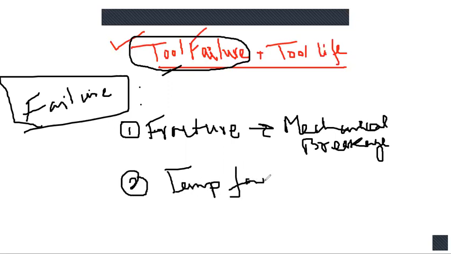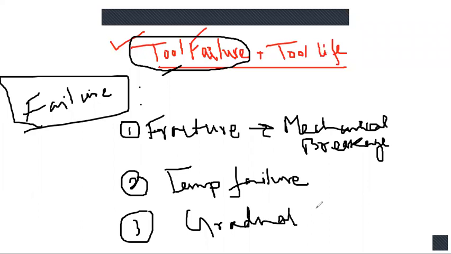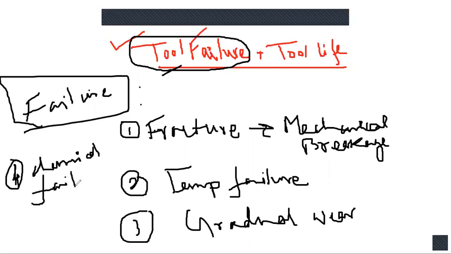I have already told temperature failure. Third one is gradual wear. Fourth one is chemical failure.